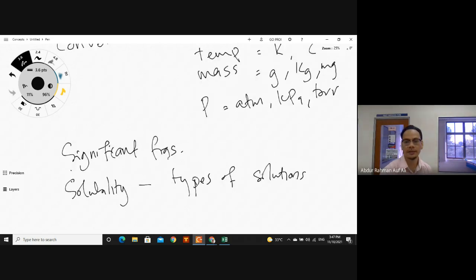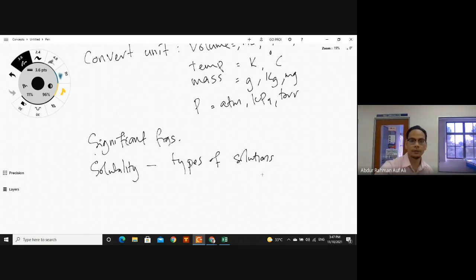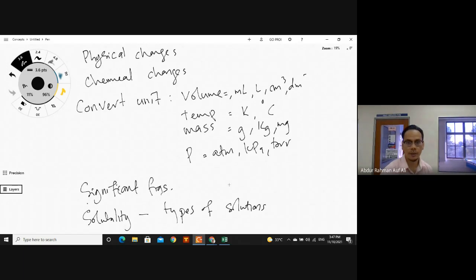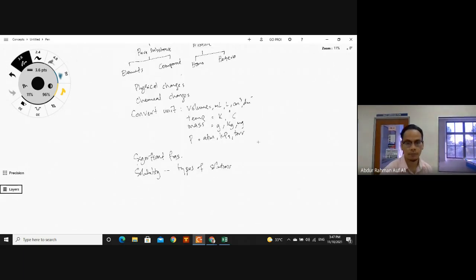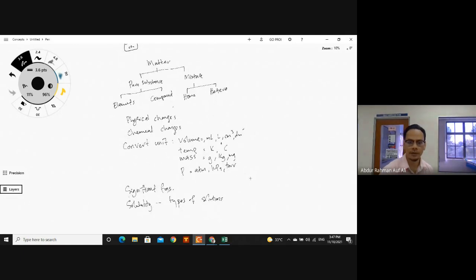So this is basically the summary of chapter 1. What you need to understand from chapter 1, your takeaway. You can summarize in this mind map yang saya buat.